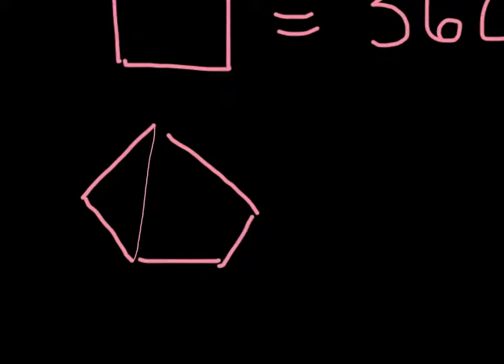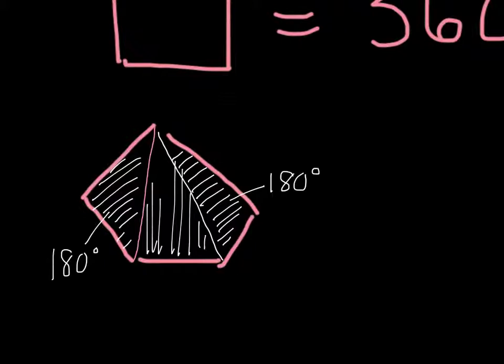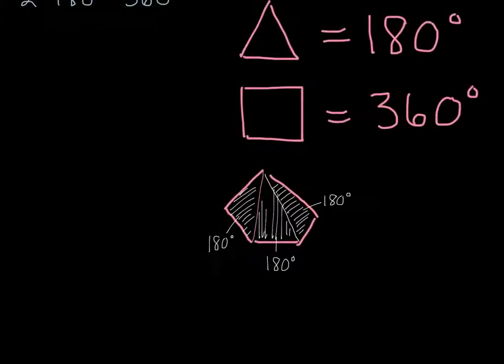You can make this triangle here, that triangle there, that's going to contribute 180 degrees. And you've got this triangle here, that's going to contribute 180 degrees. And you've got this triangle right here in the middle, that's also going to contribute 180 degrees. So that's 180 times 3, 1, 2, 3. And so it's going to follow our pattern.